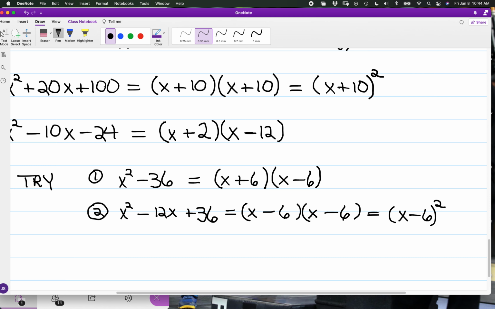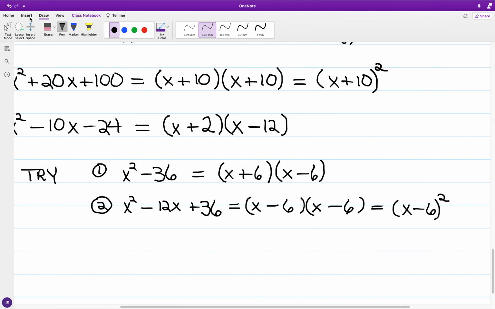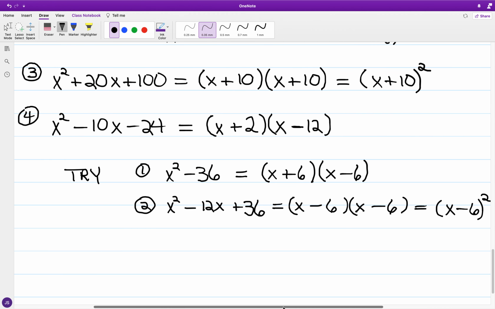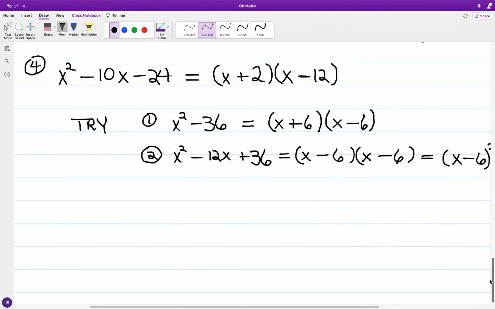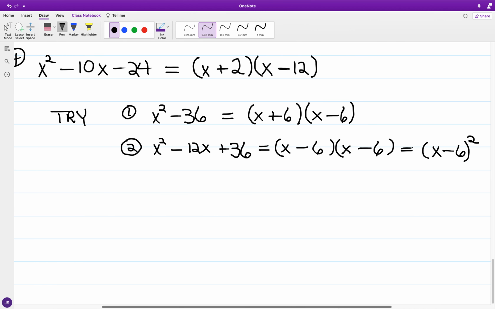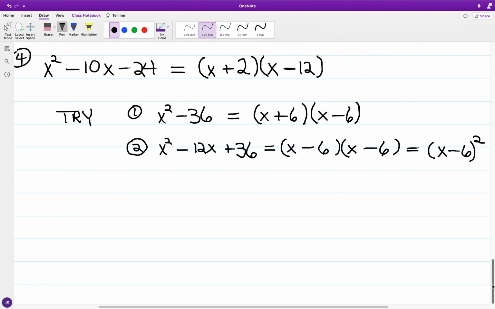All right. Now, in the case of factoring expressions where the leading term is not x squared, let me give you an example before I get to the next topic, like 2x squared plus 3x plus 1. Some trinomials can be factored by using trial and error.